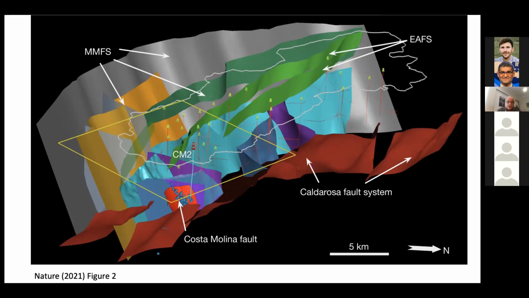So I think the nearness of these induced earthquakes to that very destructive fault got a lot of people's attention, and it's one reason why this working group was formed to look at the induced earthquakes.